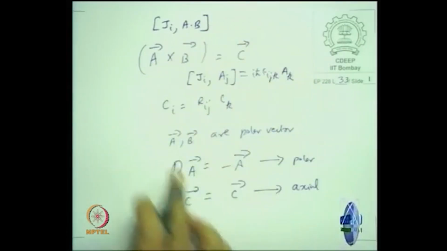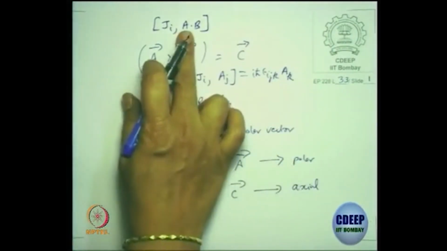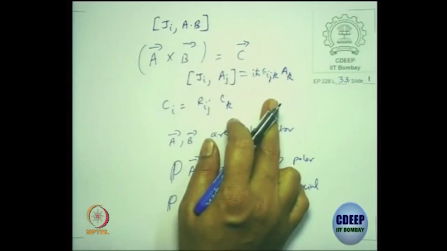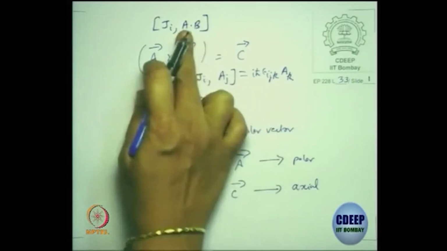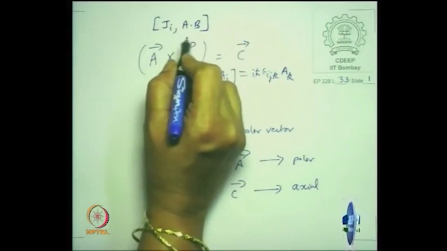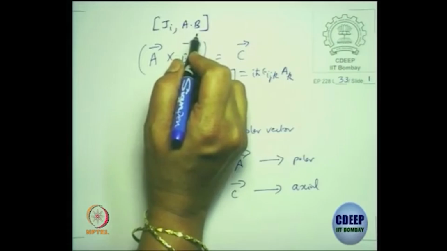With A_i you know the transformation, with the components of the B vector you know the transformation, and you know A dot B behaves like a scalar. So you should be able to show that the commutator of J_i with A dot B is, what is it?